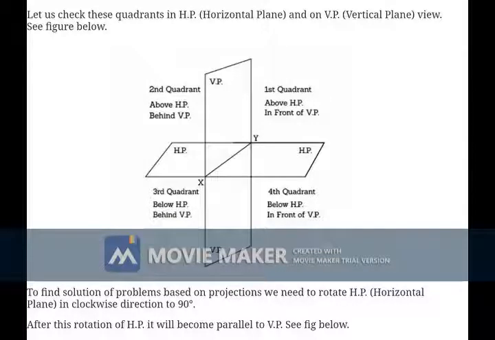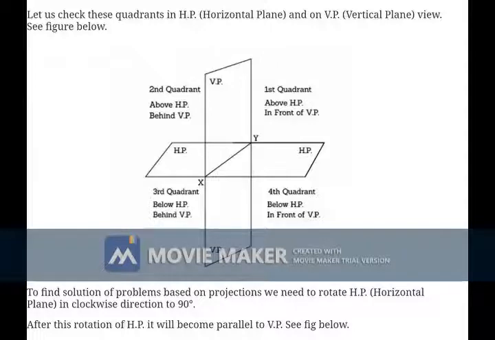Now let me tell you which one is the top view and which one is the front view. We are always standing in front of the vertical plane, and the object you see will be projected in the vertical plane; that is the front view. Front view is always projected in the vertical plane, and top view is when the object is placed above the horizontal plane.